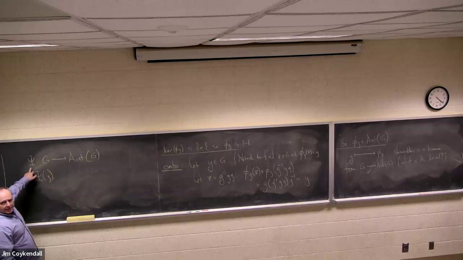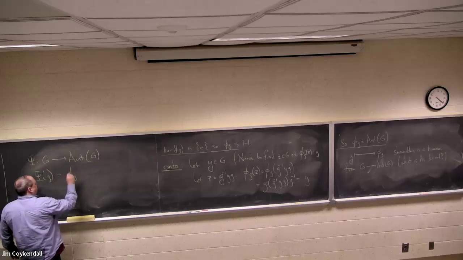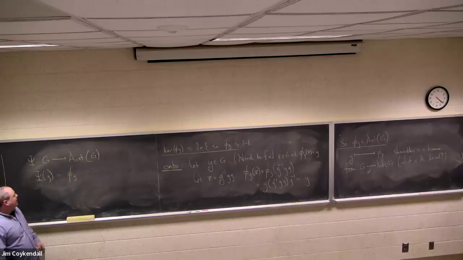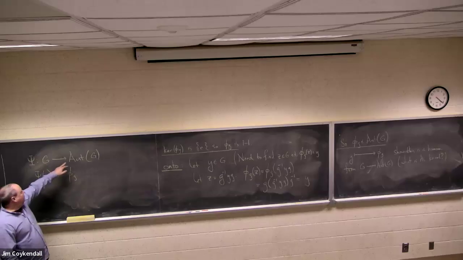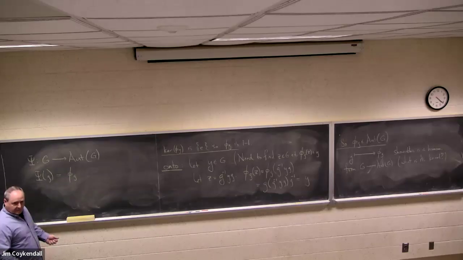Your input to capital pitchfork here is gonna be an element of the group, and it's got to barf out an automorphism. And the automorphism it barfs out is this. We've shown this is a group, we've shown this is a group, now show that this function actually gives you a homomorphism. Everybody cool with where we're at on that?